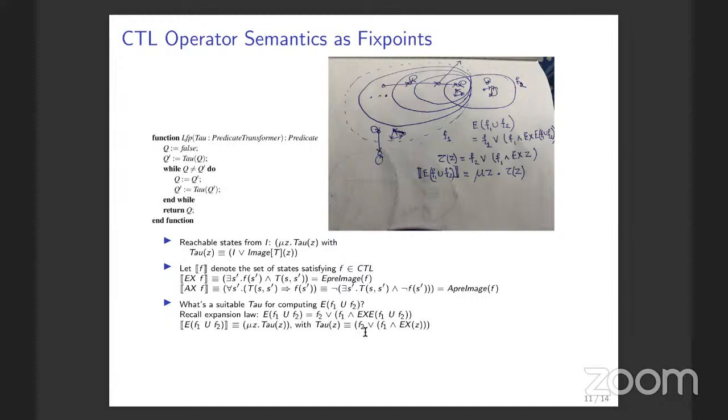Tau 0 is always false. That's what Kleene iteration says. So you start from false. And if you apply tau to false, if you plug in false to Z, EX of false will be false, F1 and false is false. So you're adding F2, and that is exactly F2.